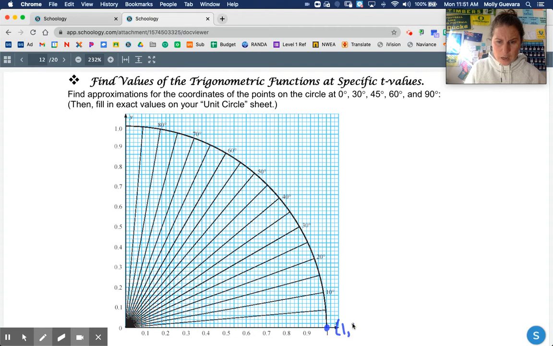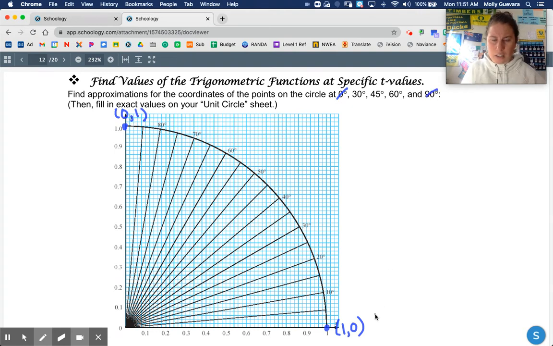It's 1, 0. I know it's 1 because the unit circle has a radius of 1. Same thing at 90. 90 is right here. So this is the point 0, 1.